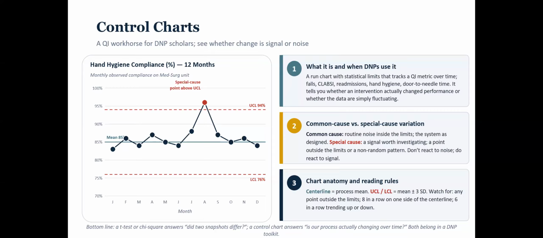That's essentially what you're doing. Instead of just numbers, it would be difficult to discern that something is really a special cause, as they call it. So it's visually seeing what's happening over time on some particular variable. And I'll show you where these things are inside the tool itself.